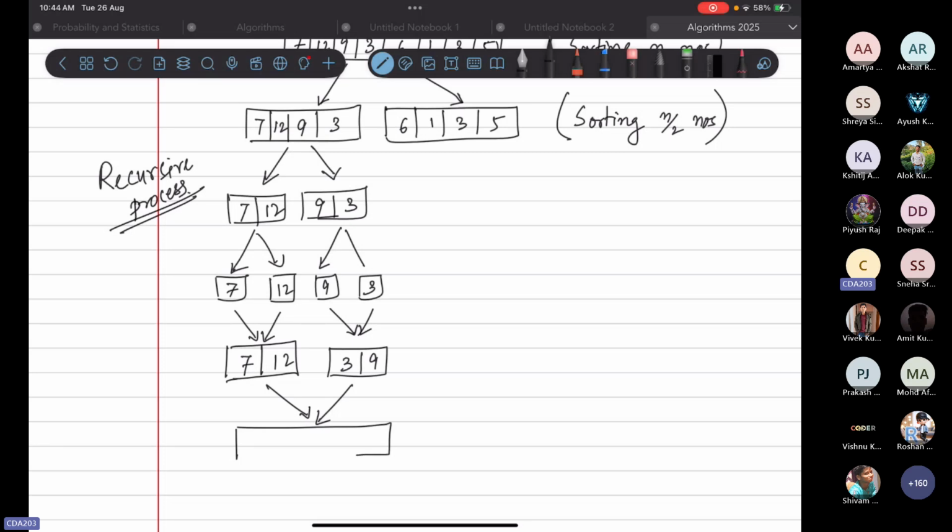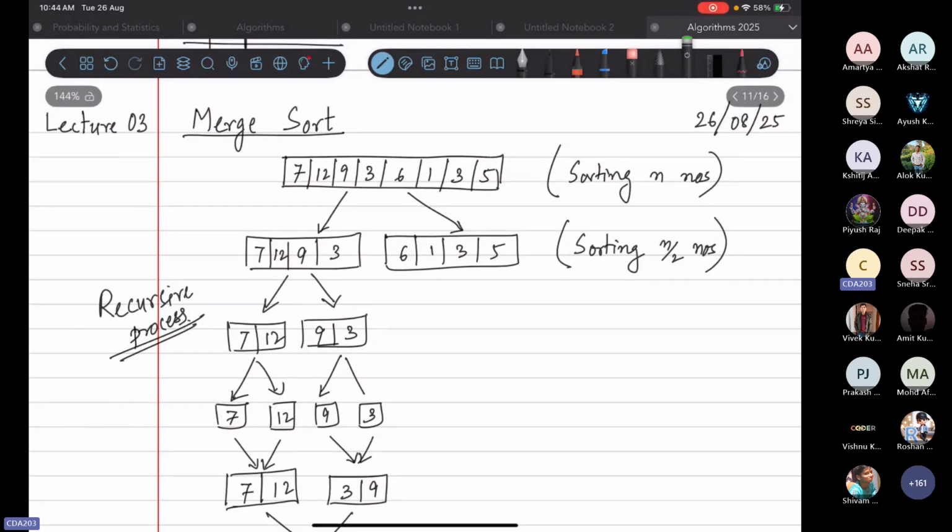For this example, I'll go into the details of this particular part, how to combine two sorted arrays into another sorted array, later. But at this point, let's assume that we can do it, so that we can focus on the process of merge sort itself.